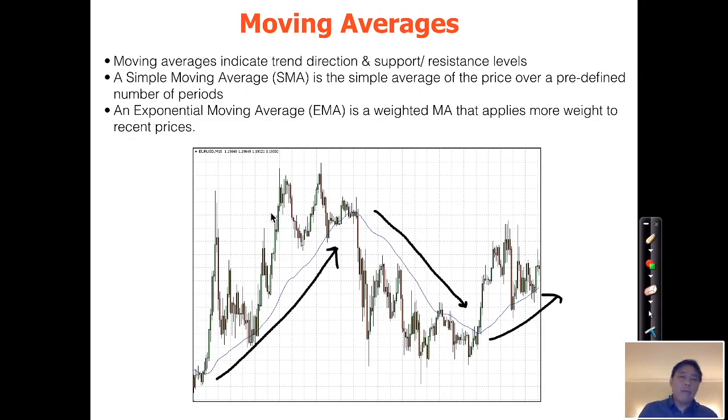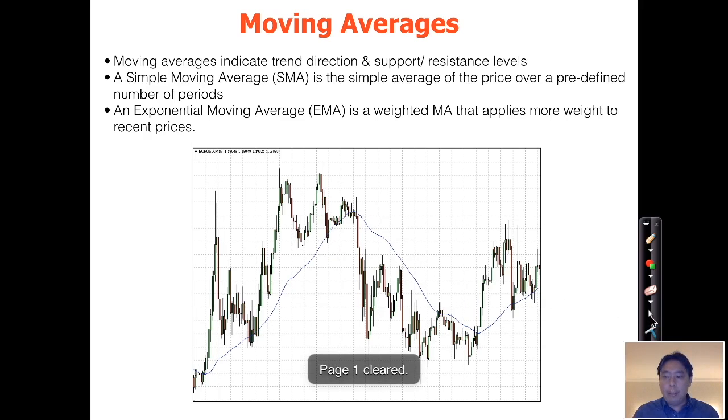Now there are two kinds of moving averages. We've got simple moving averages, SMA, and exponential moving averages. So what's the difference? A simple moving average means you average the price over a predefined number of periods equally. So in other words, for the 50 simple moving average, you take the last 50 periods, divide by 50 equally.